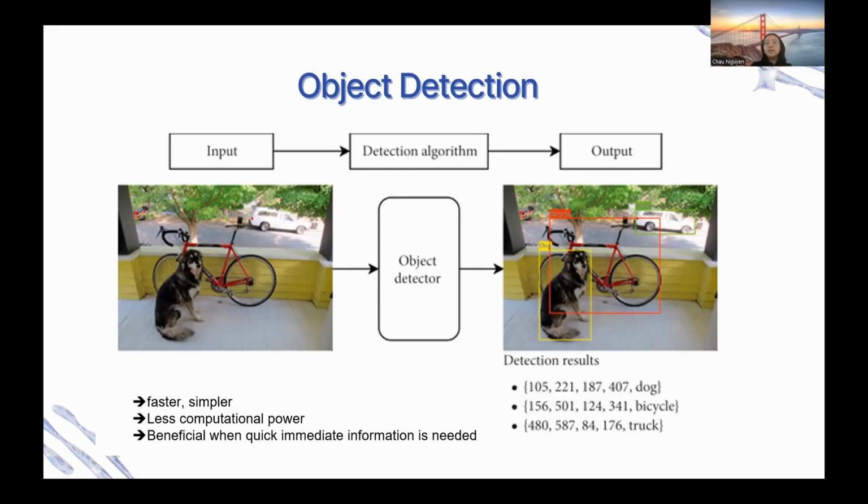In terms of the output, we don't want a big pixel mask. We only want the bounding box coordinates and the associated class labels, and sometimes the probabilities associated with the class labels and the coordinates.